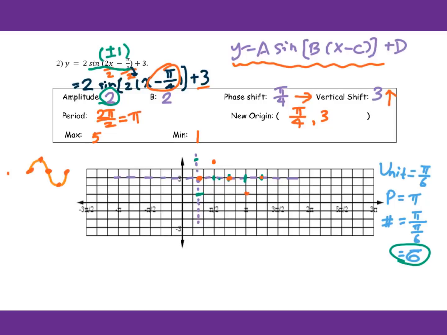Then you need to connect these 5 points. You can get more periods if you keep going. Then you need to connect another period.